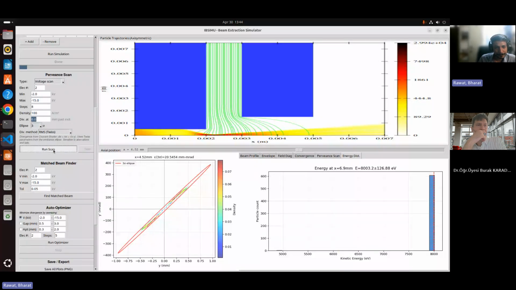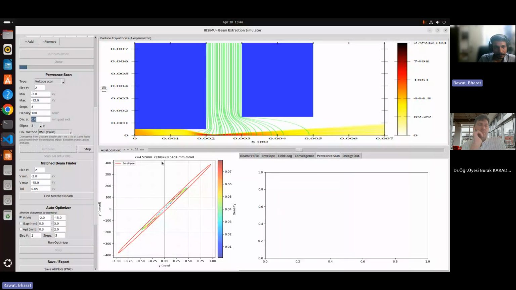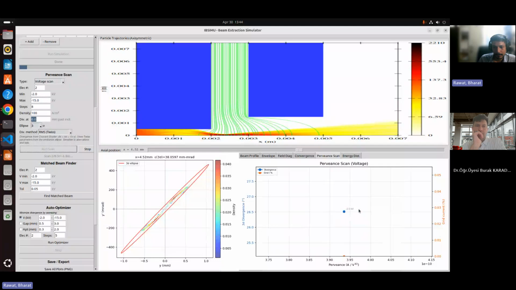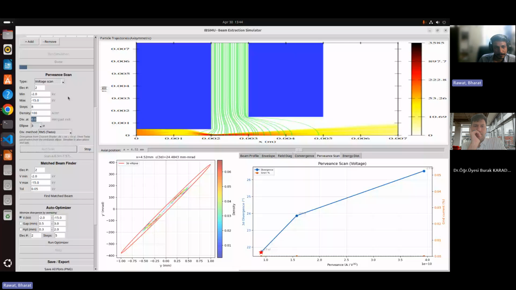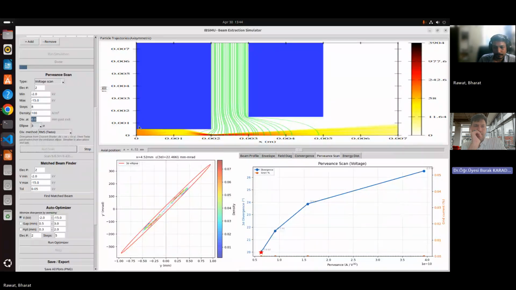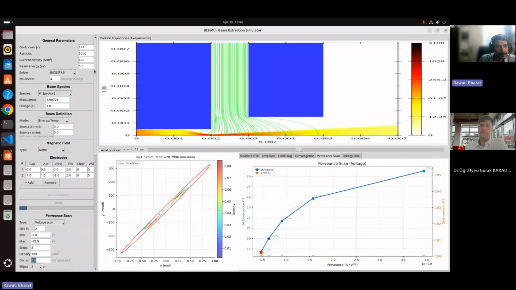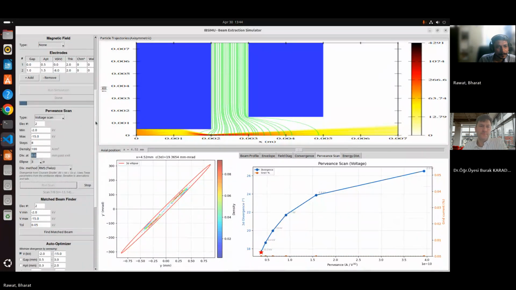So if I run the scan, it would start doing simulations and trying to measure the beam divergence as a function of each voltage.